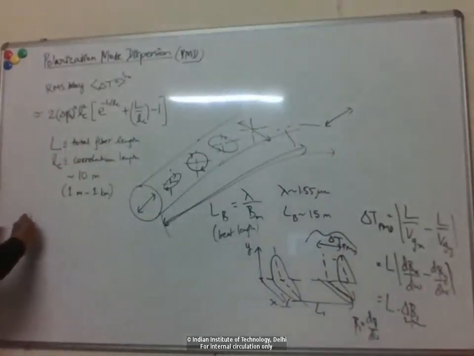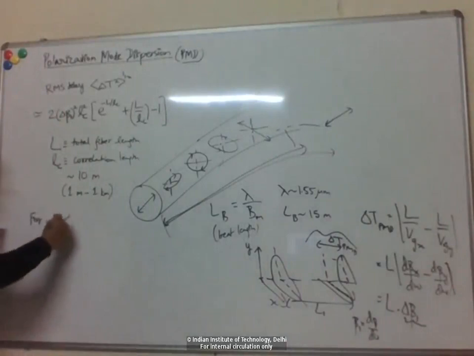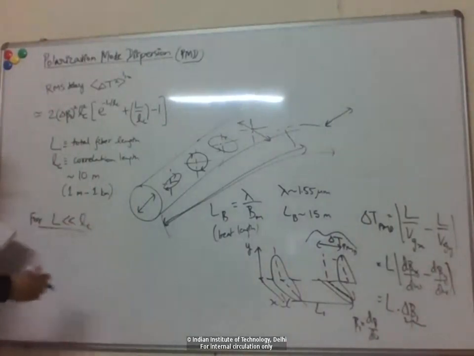Let's first look at the non-typical limit, where L is much less than the correlation length, so a very short length of fiber.